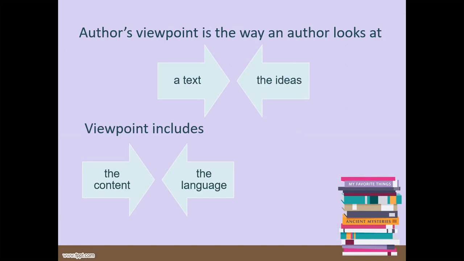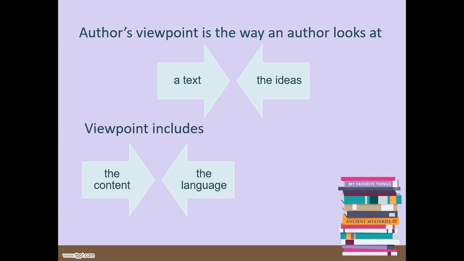Viewpoint includes the content and the language used to present the data. You see here we have a text where the ideas are described, and these viewpoints include the content where the ideas are described, and what is important here is the language that is used by the author.